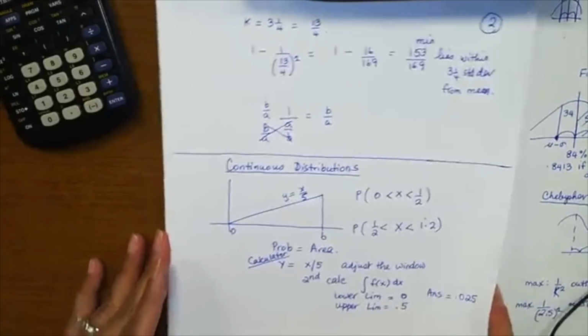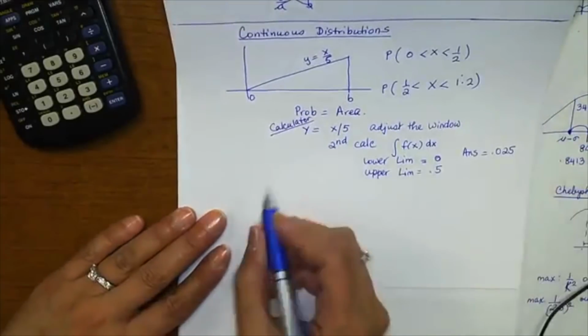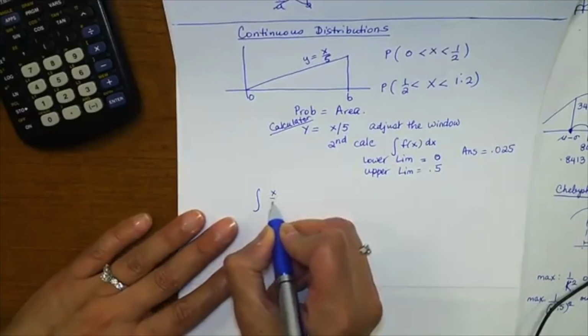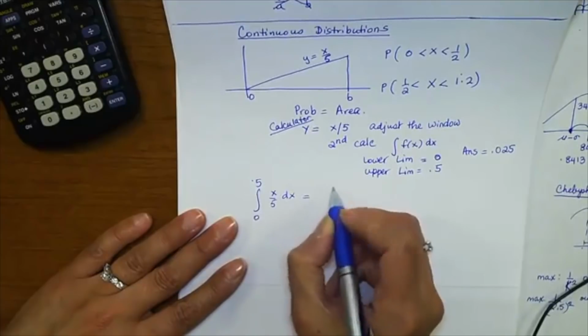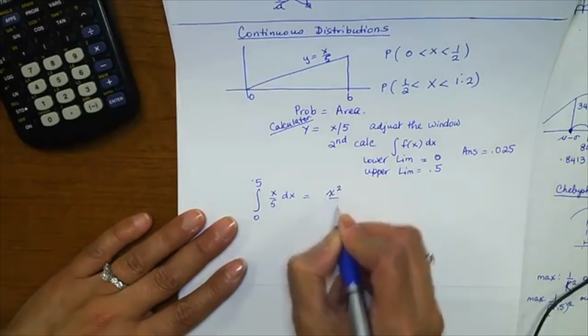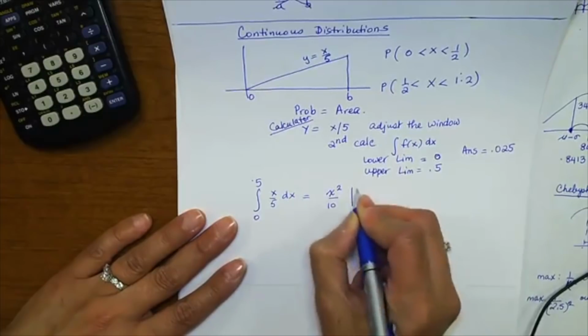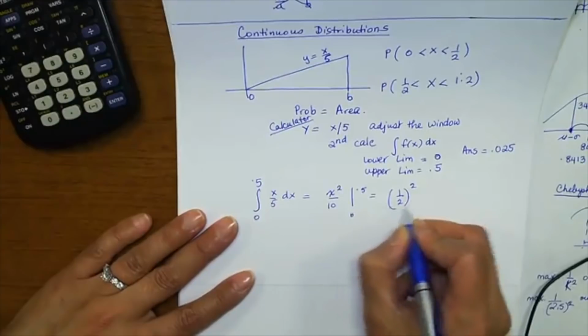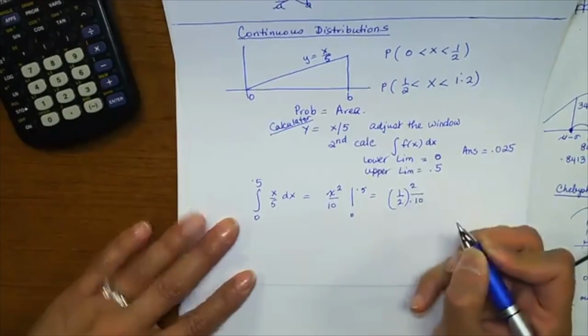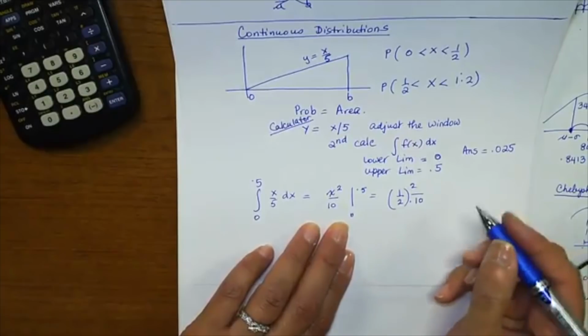The next way to do this problem is to just integrate. So integral of x over 5 dx from 0 to 0.5. So this is equal to x squared over 10 from 0 to 0.5, which is equal to 1/2 squared over 10 minus 0 over 10.